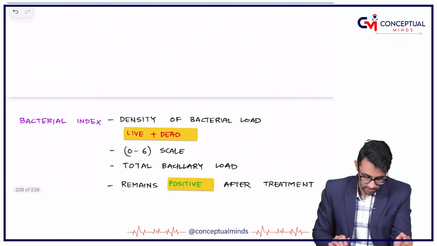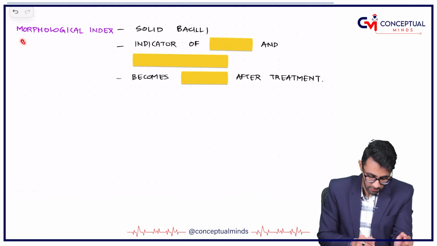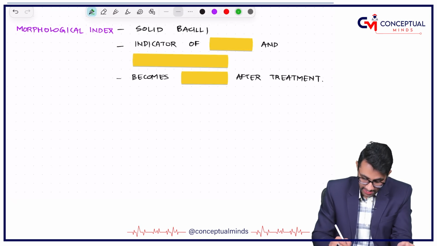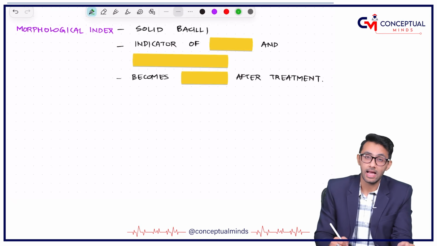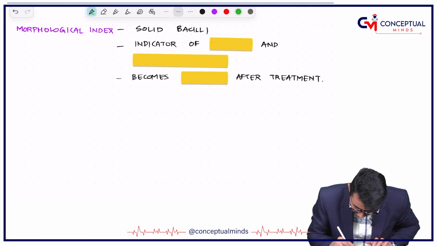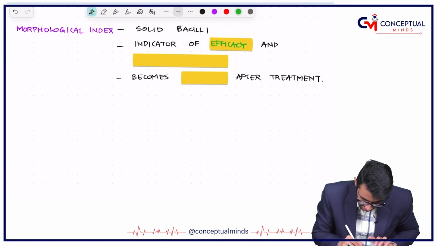So we come back to our concepts. Morphological index, solid bacilli, indicator of what? Tell me. Indicator of efficacy and how well the treatment is going on, right? Efficacy, and about the drug resistance.